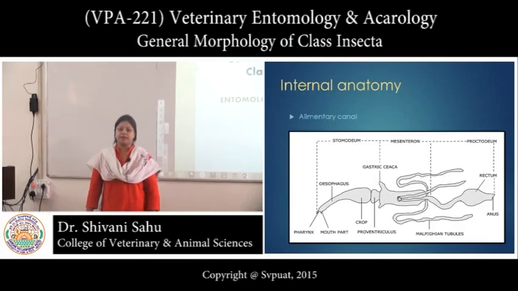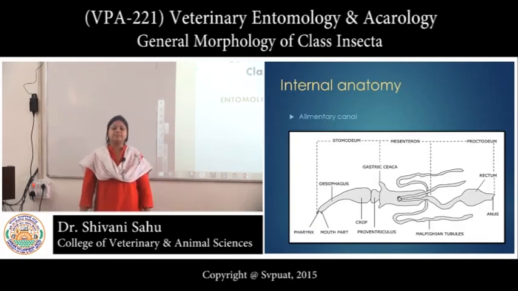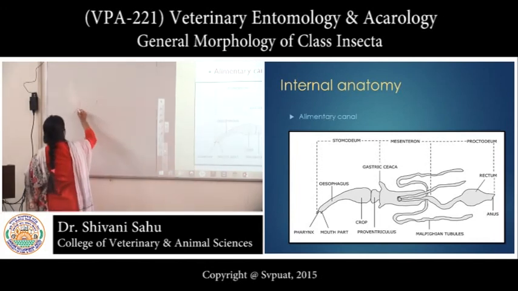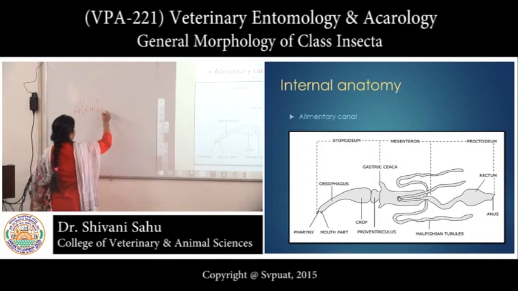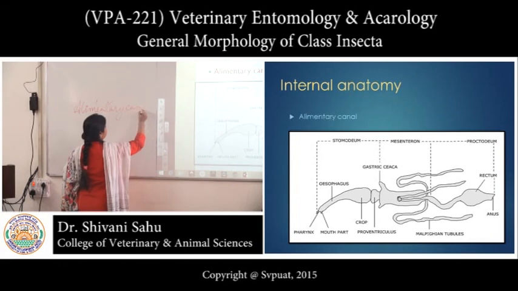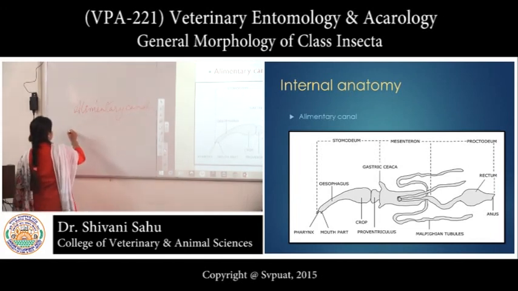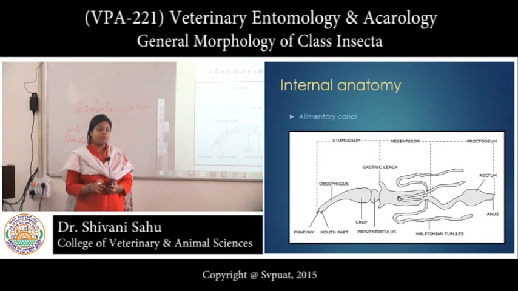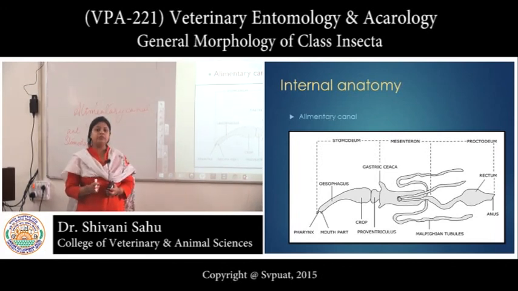Next is the internal anatomy. Now the alimentary canal consists of 3 segments. Anterior is the stomodeum, which includes the buccal cavity with salivary glands, followed by pharynx, then crop which stores the food, and proventriculus where the food is broken down.